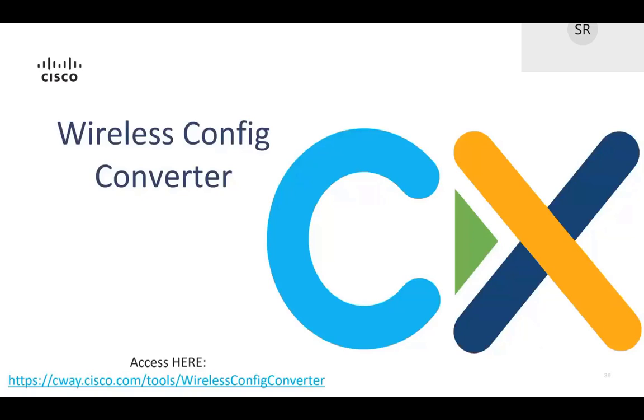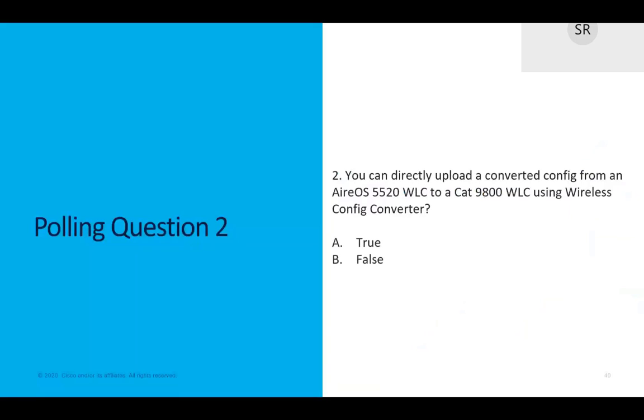On this conversion topic, because there's a lot of migration happening on wireless platforms, there are a lot of trivial questions. I'd like to poll this question: if you are converting or migrating an AireOS configuration to Catalyst 9800 using the config converter tool, can you just take the converted output from the config converter tool and apply it to your Catalyst 9800 configuration?